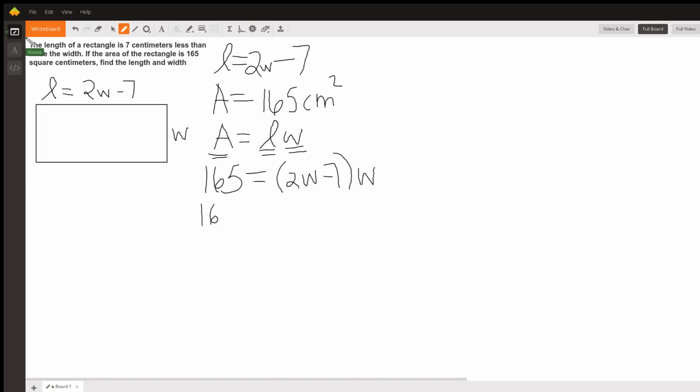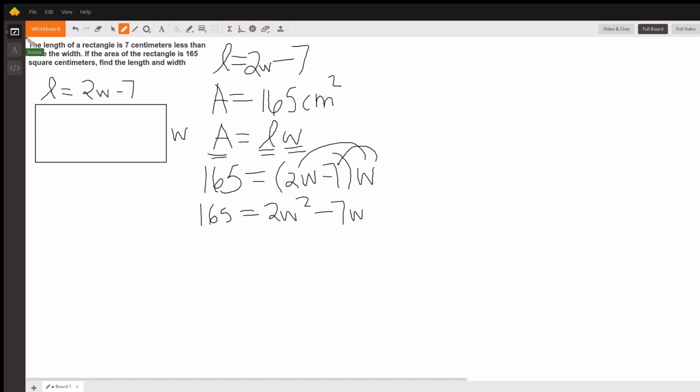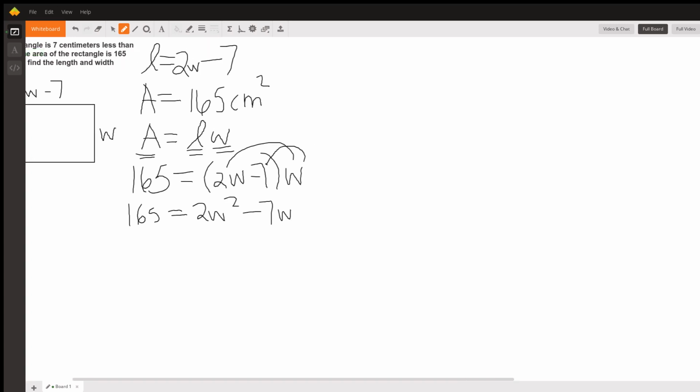So 165 equals, let's distribute here, 2W times W is 2W squared. Negative 7 times W is negative 7W. I'm going to go ahead and rewrite this up here. 165 equals 2W squared minus 7W.